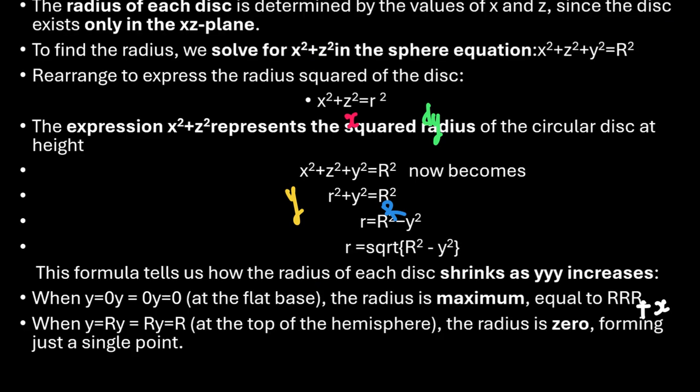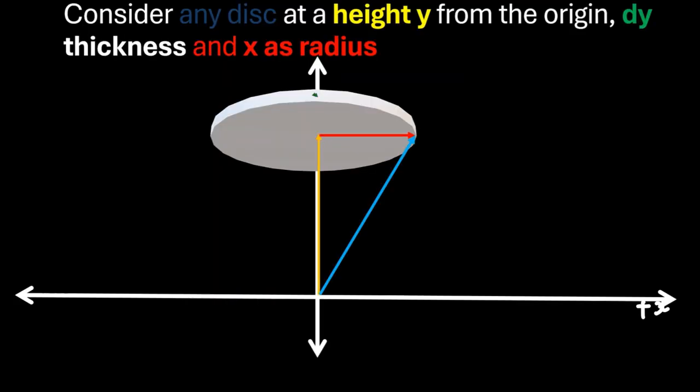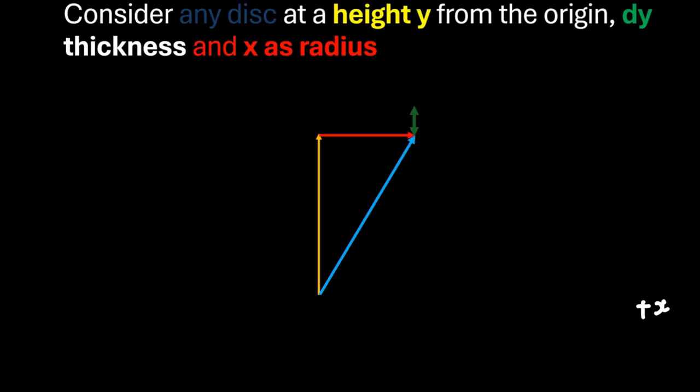And from this triangle, by the Pythagoras theorem, we can say that x square plus y square should be equal to r square, right? Now, actually, this is a jugaad way of coming to this expression.